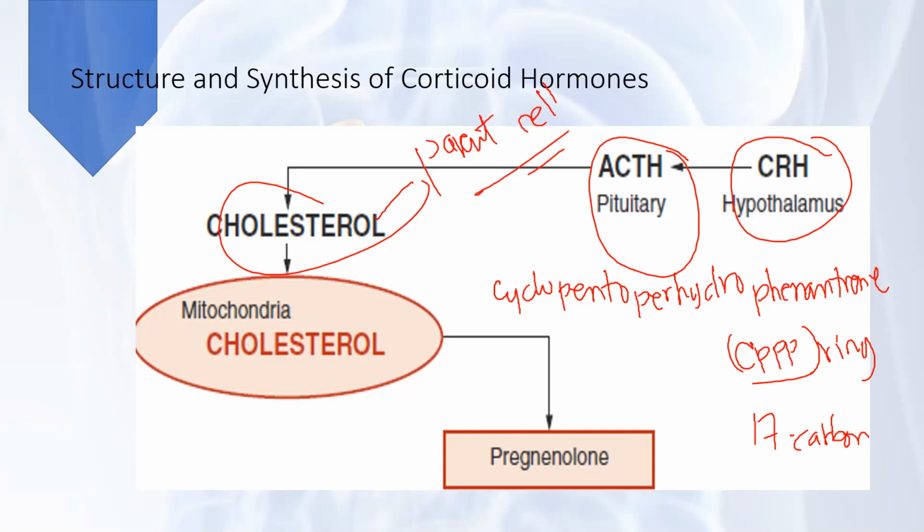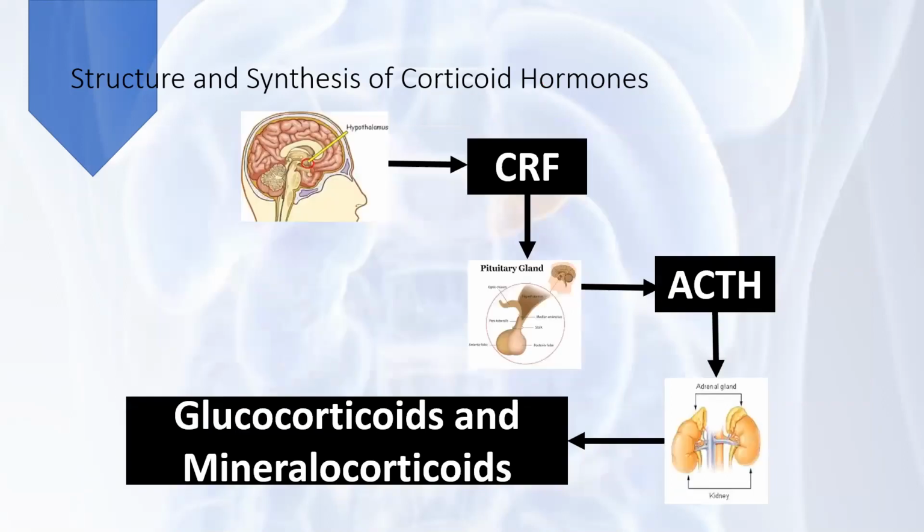But mostly, the secretion of glucocorticoids is regulated by your ACTH. So again, this is just a preview of the secretion of our steroid hormones, particularly our glucocorticoids and mineralocorticoids.